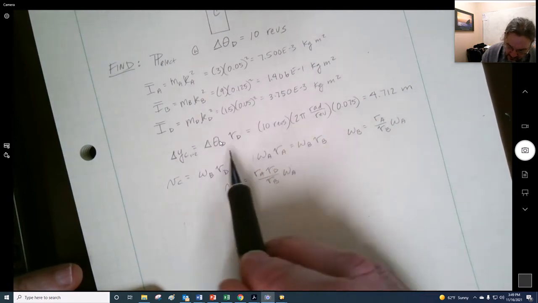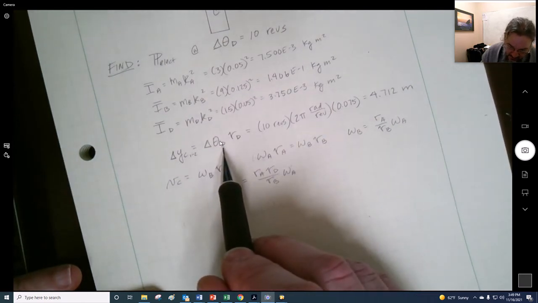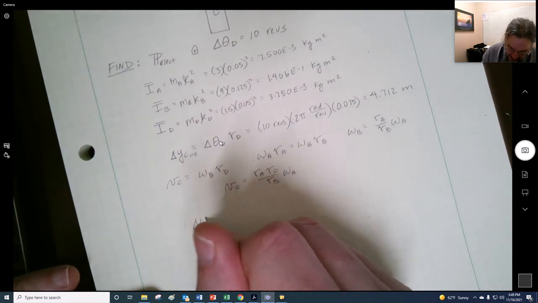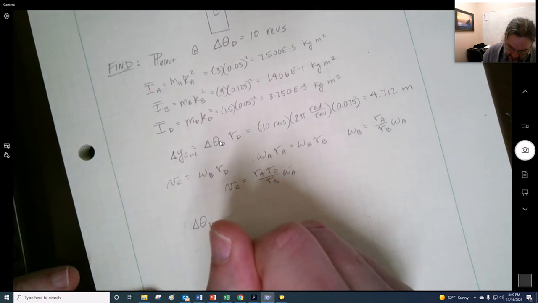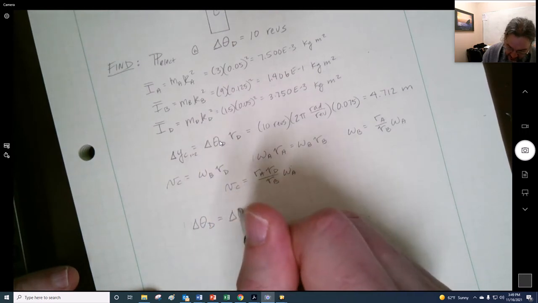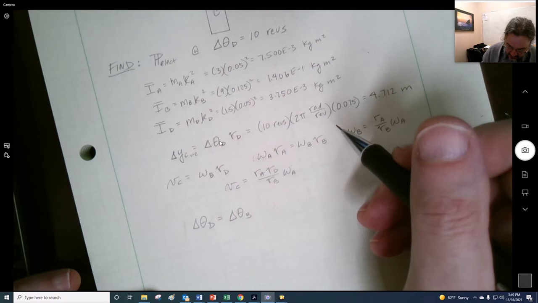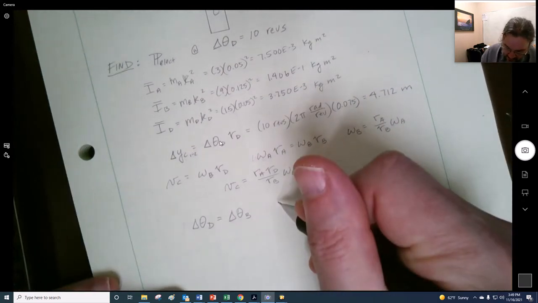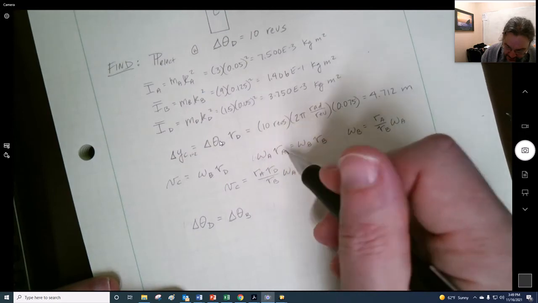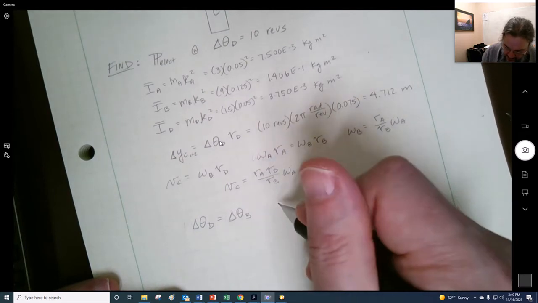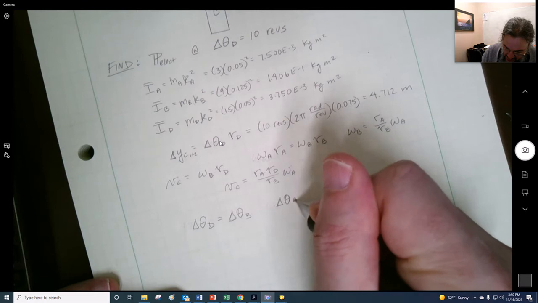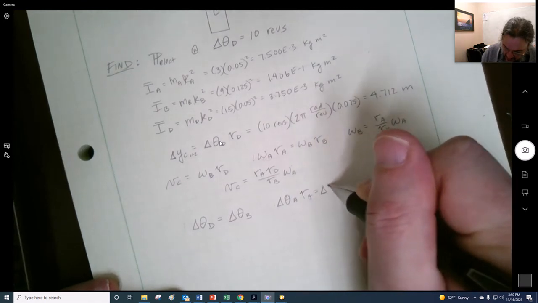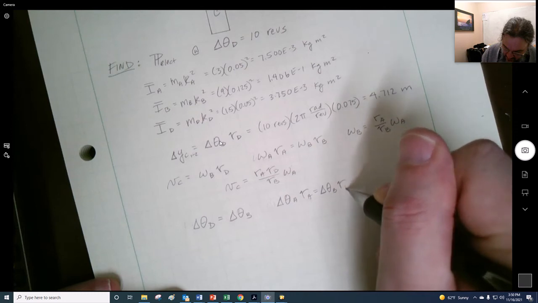How do I want to do that? I'll say delta theta D is equal to delta theta B. All right, so we know that. And from this relationship here, we could say that delta theta A times RA is equal to delta theta B times RB.